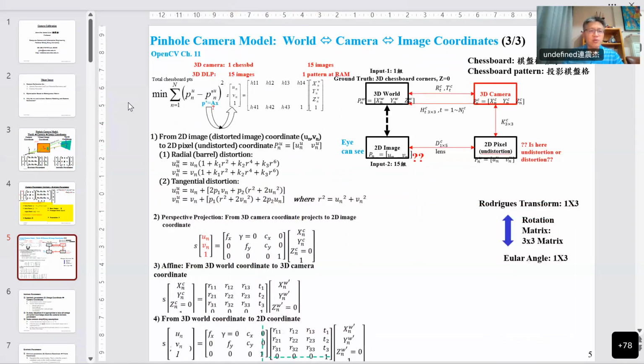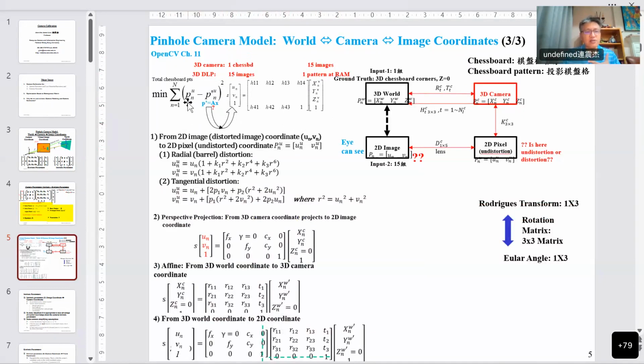So our purpose is to solve the homogeneous matrix first. After we solve the homogeneous matrix, we will try to solve the intrinsic and extrinsic parameters; that's calibration. So this equation is important. This one is the ground truth.